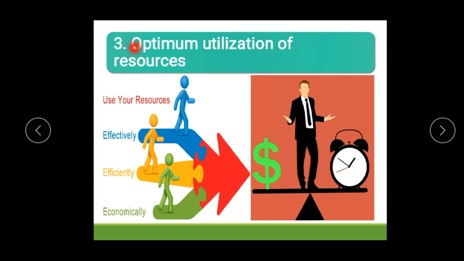And the third point is optimum utilization of resources. Because specialized persons are appointed here, he will best utilize his time as well as money. A specialized person has the knowledge of his task, so he will try to reduce his cost and maximize his efficiency.